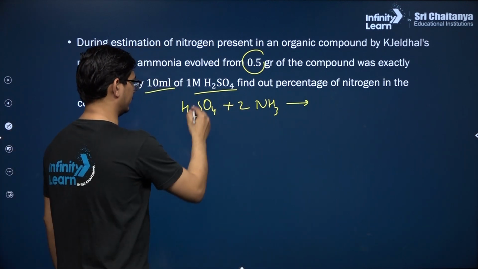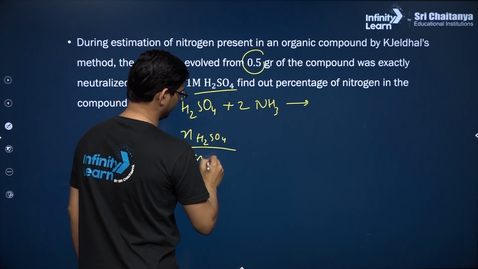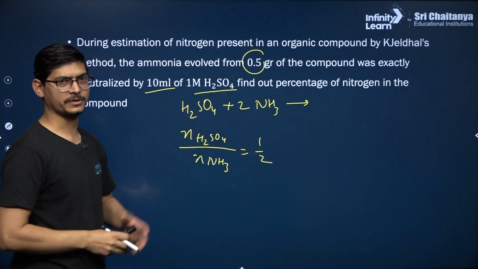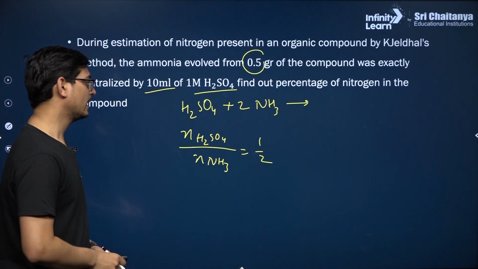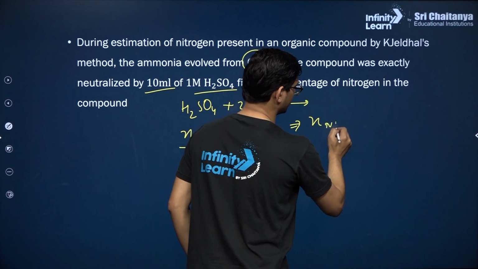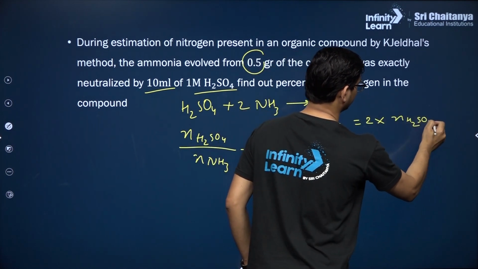So the number of moles of sulfuric acid by number of moles of ammonia will be 1 by 2, the stoichiometric coefficients. If I need 1 mole of H2SO4, I will need 2 moles of ammonia. So I can also write the number of moles of ammonia is equal to twice the number of moles of sulfuric acid.